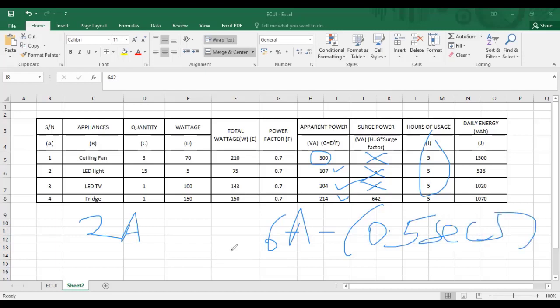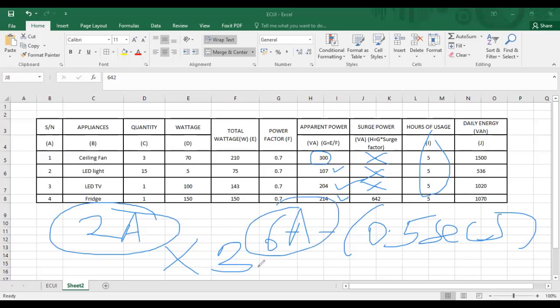So this means that pumping machine is taking times 3 of the normal current it's supposed to be using during normal operation. Because you put it off and you are starting it for the first time, it's taking 6 amps at startup. So that is the surge. The surge current is about 3 times the normal.